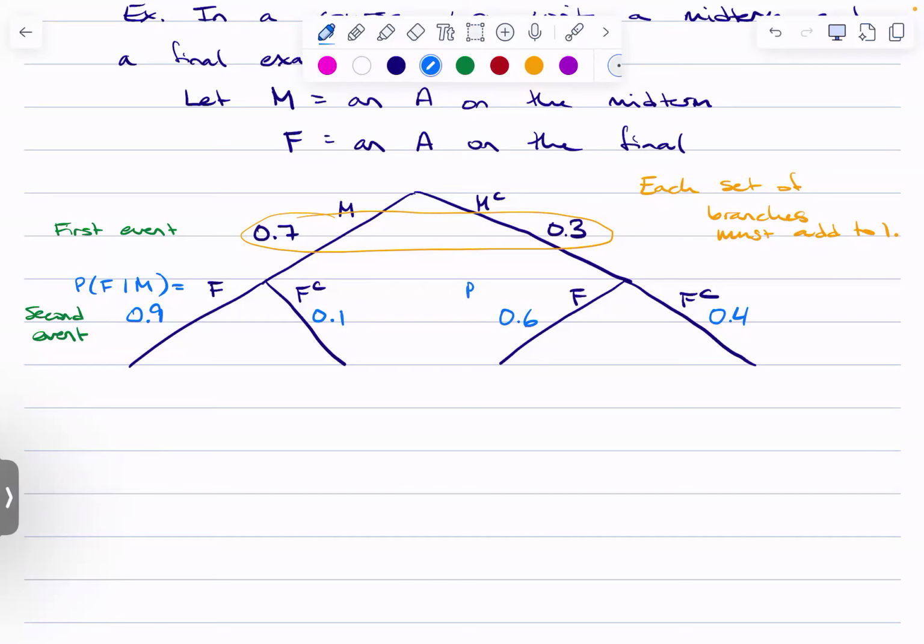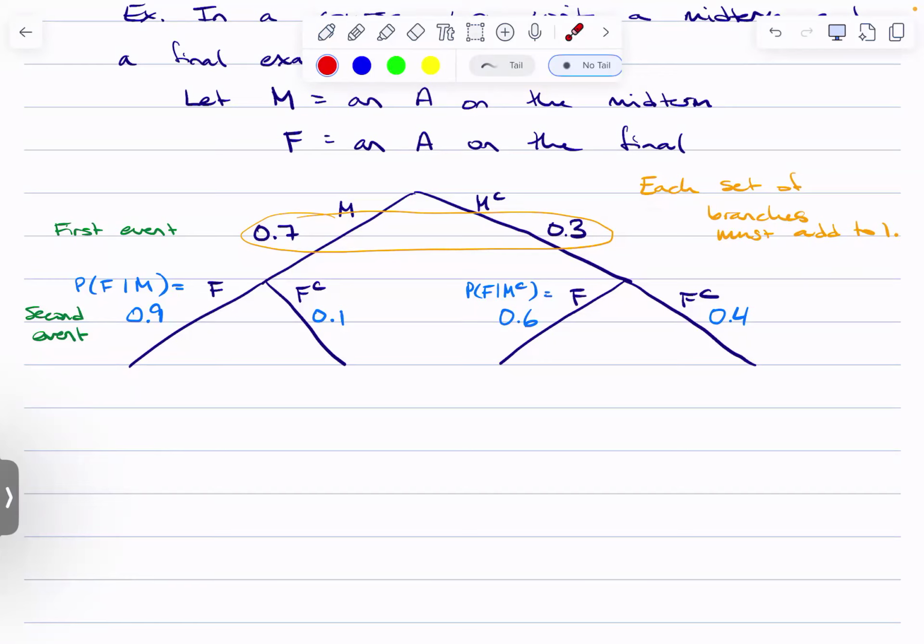And again, this is the probability of an A on the final given you didn't get an A on the midterm. Technically, those are all conditional probabilities. But it's understood that once you have your branches, then the next branch has to be the conditional probability.